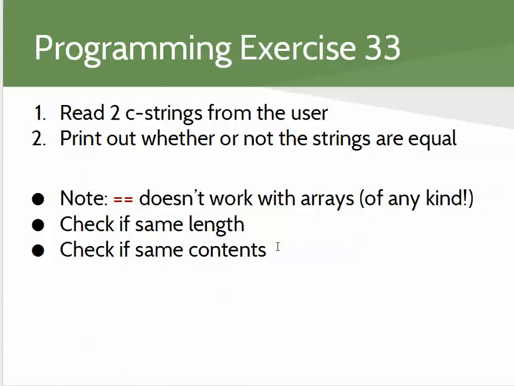I'm going to be particular about that, in that I'll make sure that they're the same length before I even bother checking the rest of the content within the string. Note, the double equal sign does not work with arrays of any kind. It didn't work with numeric arrays, and it doesn't work with strings. So I'm going to create a function that takes two C strings and will return true or false whether or not they're equal to each other.